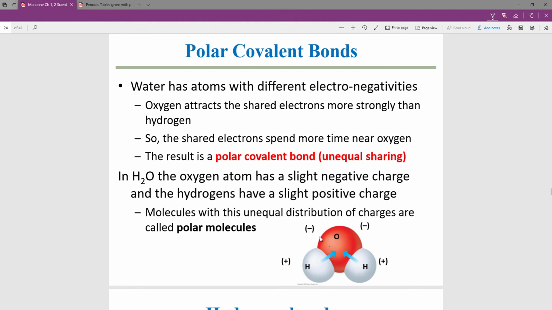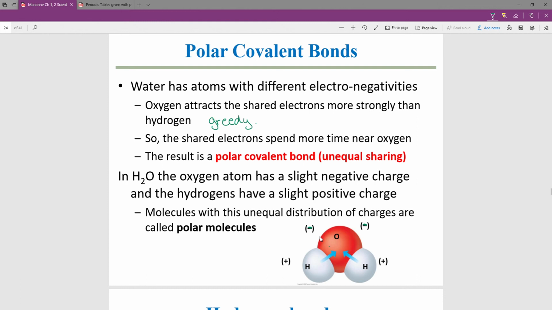So water has atoms in it, hydrogens and oxygens, with different electronegativities. Oxygen is really, really greedy, and so it keeps the electrons for more of the time, and therefore becomes a little bit more negative. Do you see the negatives here? Right? That's because it's keeping the electrons for more of the time in this unequal sharing of the electrons.